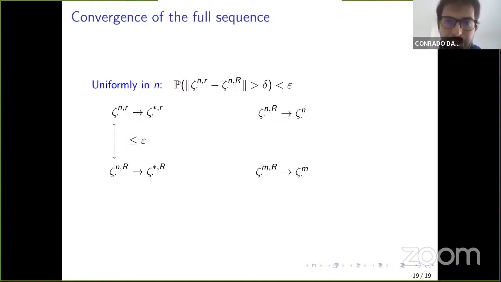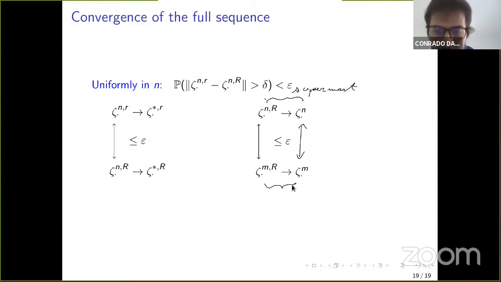Actually, I'm not sure this is quite correct here because I have changed the M. But we can extend this 3 epsilon argument to these processes. So here we use the super martingale bound, we use it in the horizontal, and here we use the convergence.